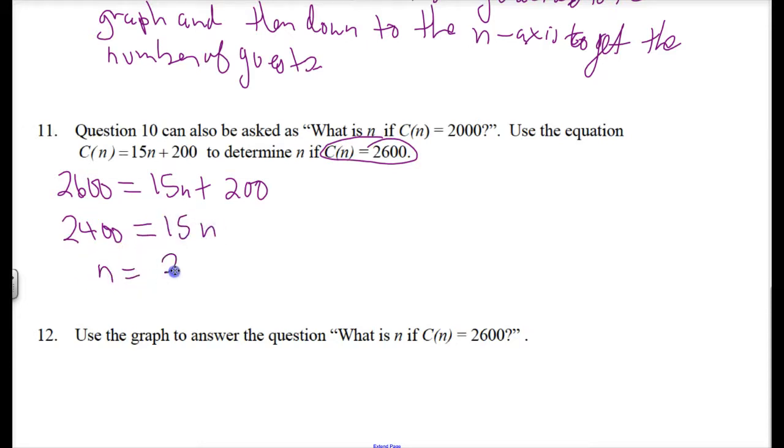So n is equal to 2,400 divided by 15. Sorry, gotta do some longhand math here. No calculator handy. So 160.